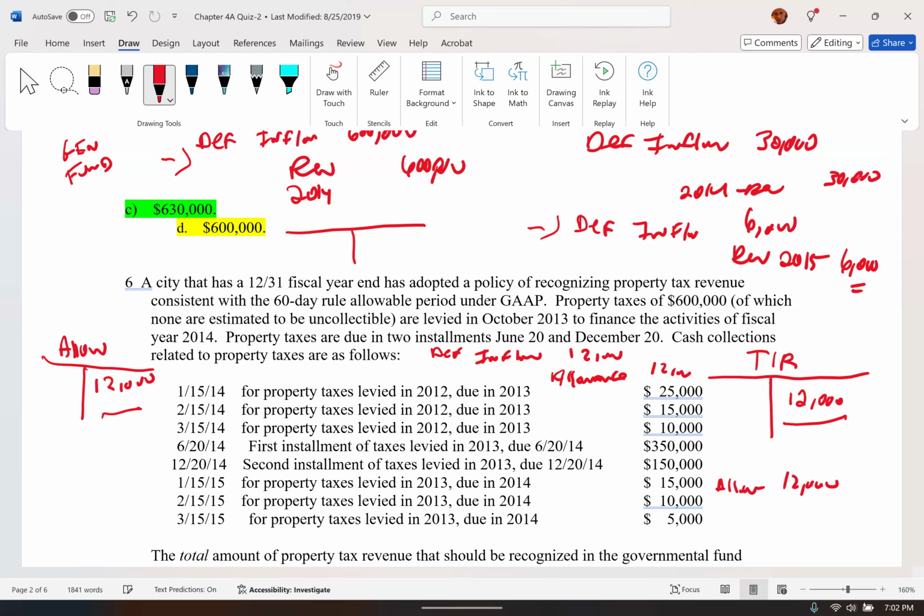I wrote it off, but I had to get it out of deferred inflow, because deferred inflow is a balance sheet account in which you're saying, I'm expecting this to go into revenue at some point. And it doesn't go into revenue for the modified accrual statements until I actually collect it.